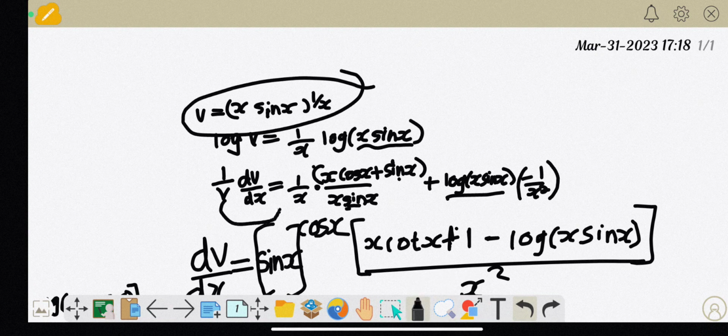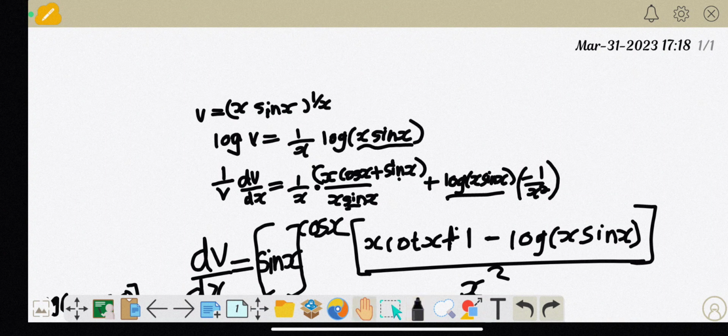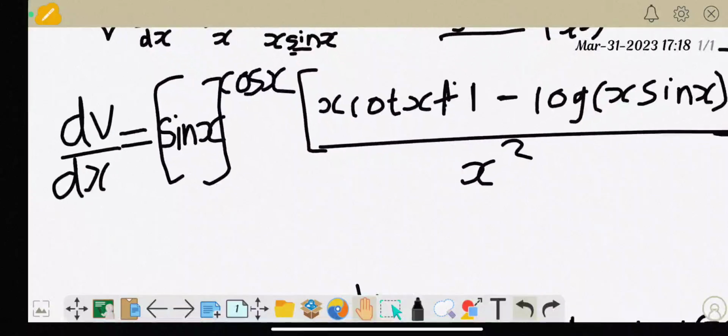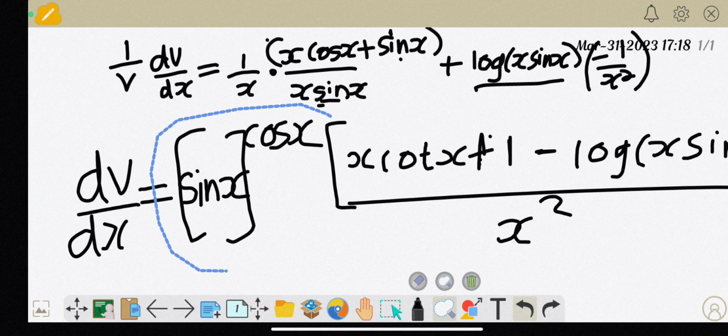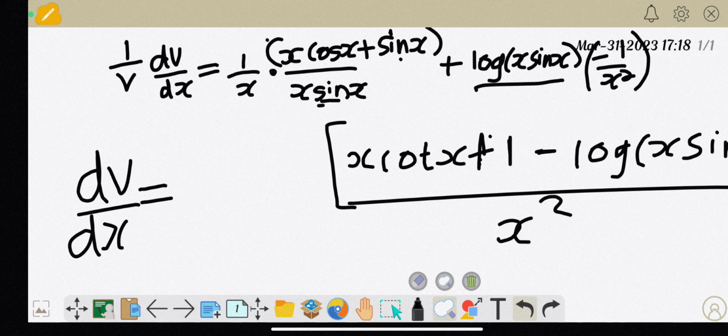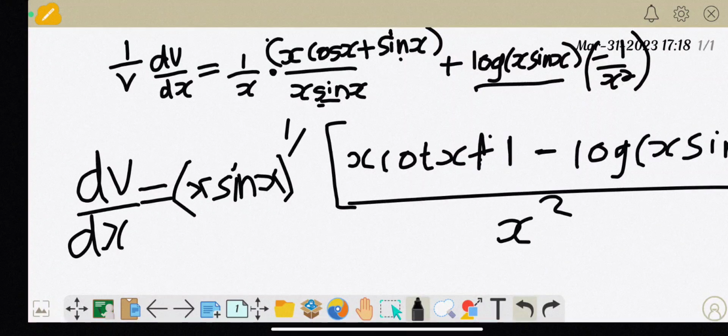When I take it to this side, I have to write that term. So I don't know why I wrote x sin x cos x and nobody told me anything. So here, V term x sin x to the power 1 by x.